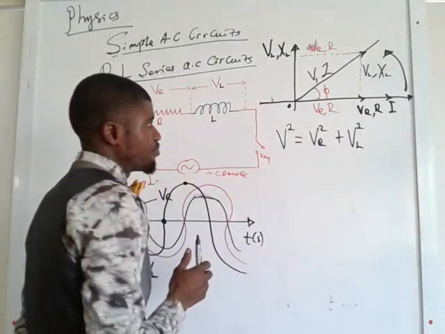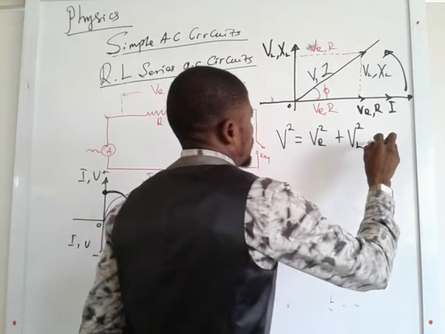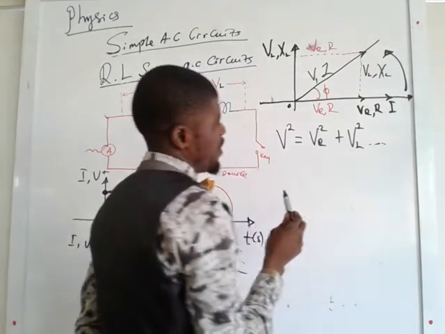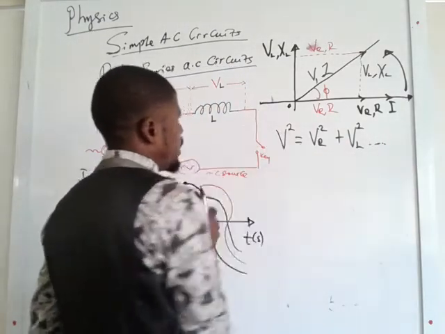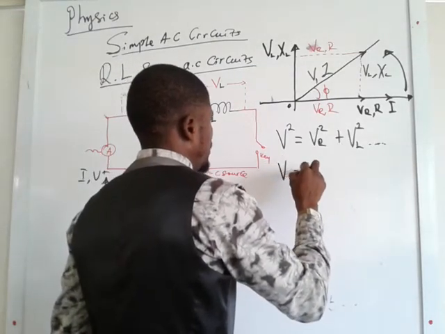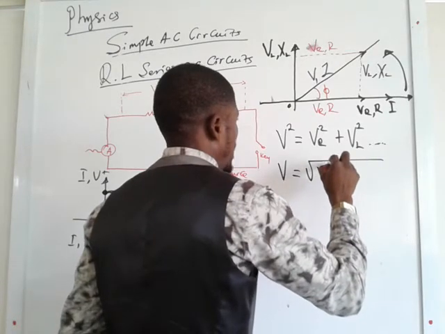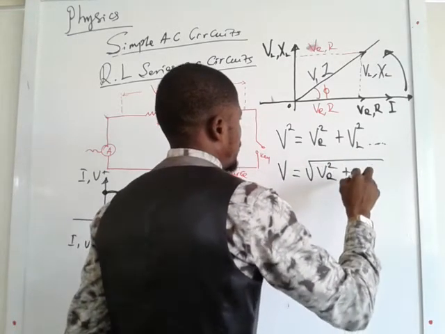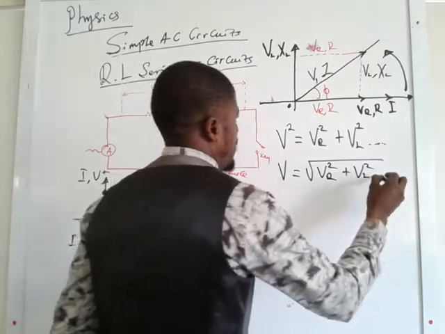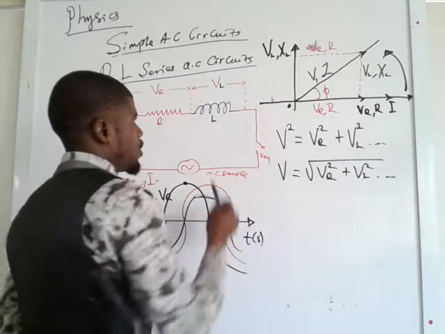How do we call this? Let's call this our equation number, I've forgotten. Let's leave it that way. And then we write again V is equal to the root of VR squared plus VL squared. Name it the way you want it to be. You can pause the video and record the equations.